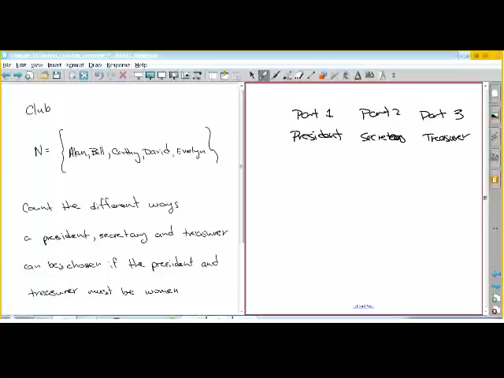So when we choose the president, what does it say here? It says, count the different ways a president, secretary, and treasurer can be chosen if the president and the treasurer are a woman. So we don't have 5 choices here as president. We only have 2 choices. We have Kathy, and we have Evelyn.